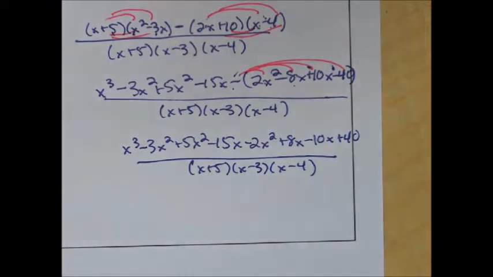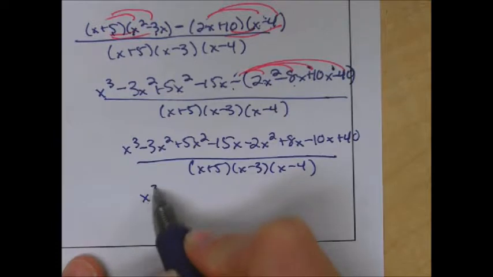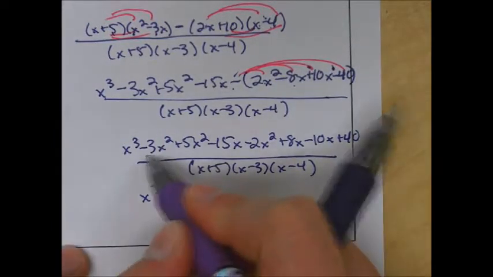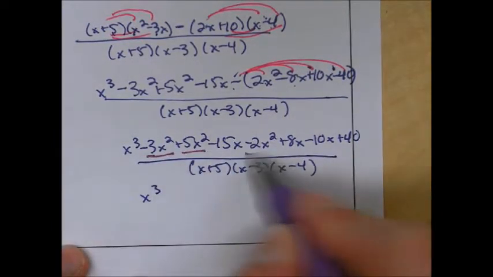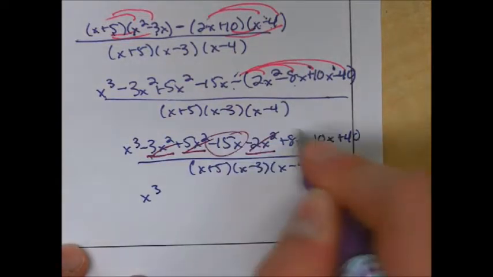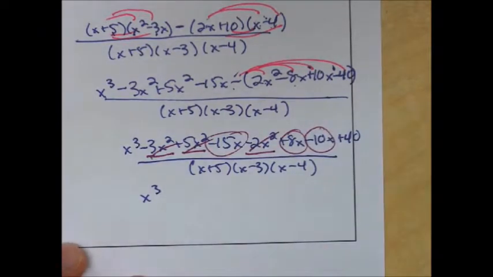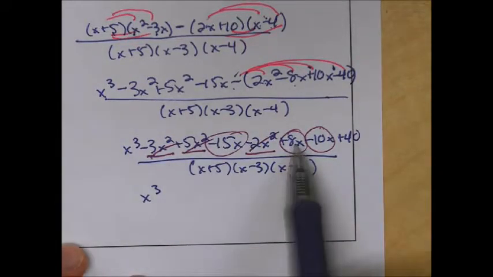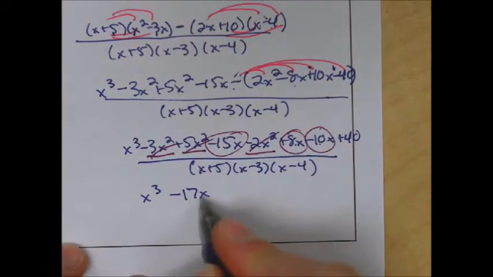All right, let's combine like terms. The x to the third, no other x to the thirds. Negative 3x squared, 5x squared, negative 2x squared. Those all actually cross out to 0. Negative 15x, 8x, negative 10x. See, that gives us negative 17x, and then plus 40.